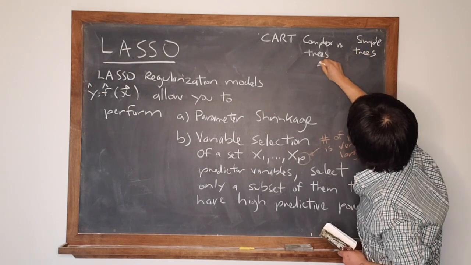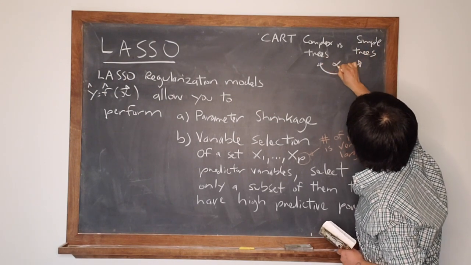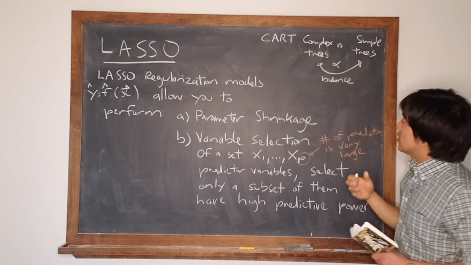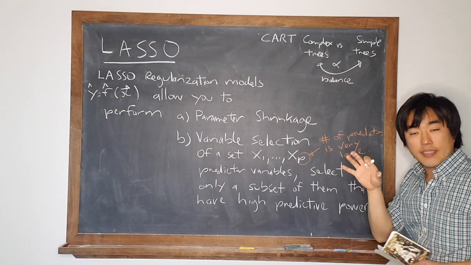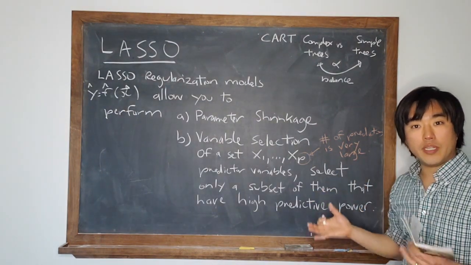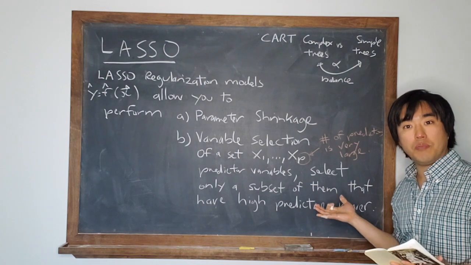And what set the balance between these two was lambda. By setting that lambda parameter, you could balance between complex models and simple models.